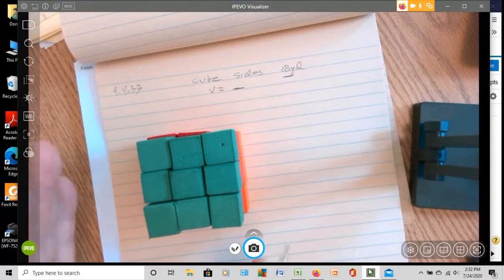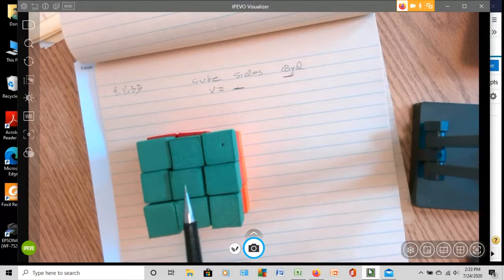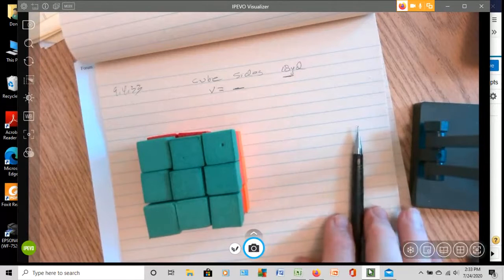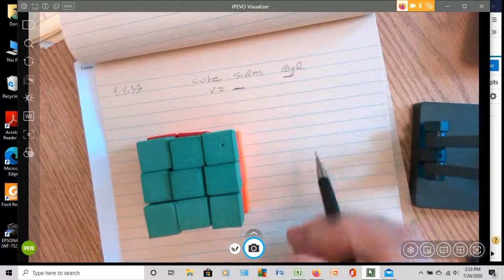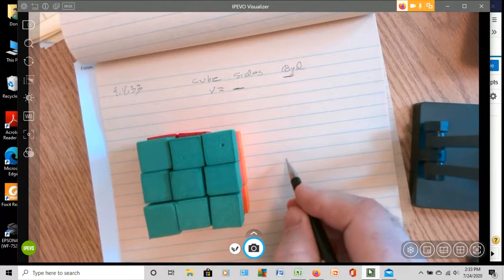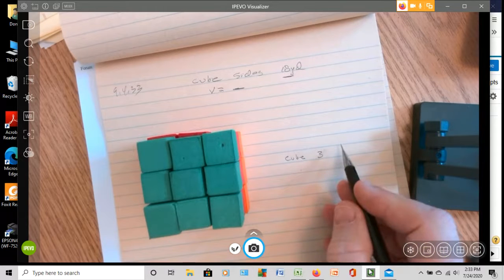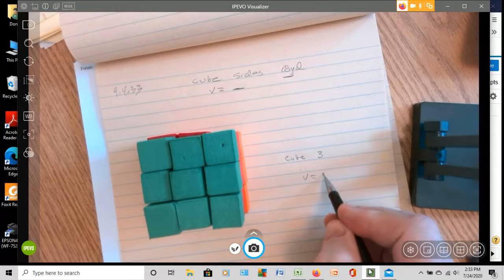So how many physical blocks are in this stack? Well, if it's 3 high and there's 3 times 3 on the side, then there must be 9 on each level, and there are 3 levels, so that must be 27. So this cube is 3 on the side, and its volume is 3 cubed.